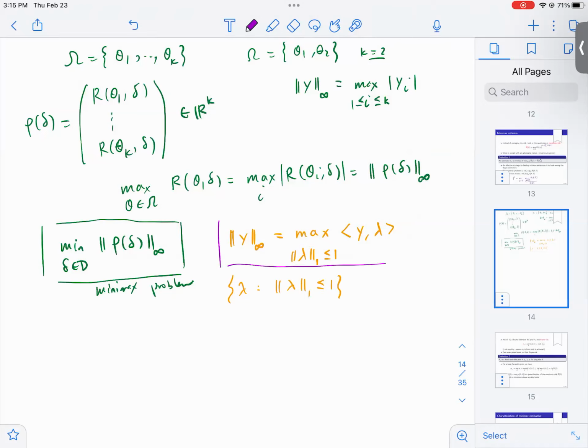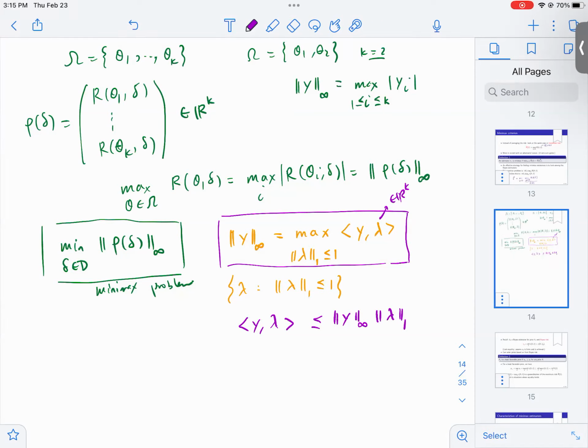Another way of writing it is that y transpose lambda, where lambda is another vector in R^K, or either this or the absolute value, I can put absolute values here, it doesn't matter. This is bounded by the infinity norm of y times the L1 norm of lambda, and for any y, equality holds for some lambda.